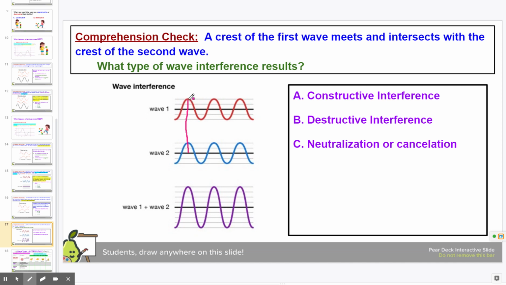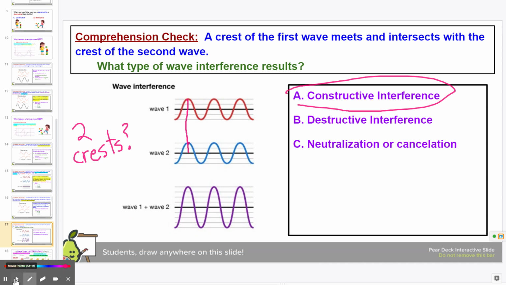Well, that's a high point and a high point, so that's 2 crests. What is two crests overlapping? What kind of interference is that? That is constructive interference.